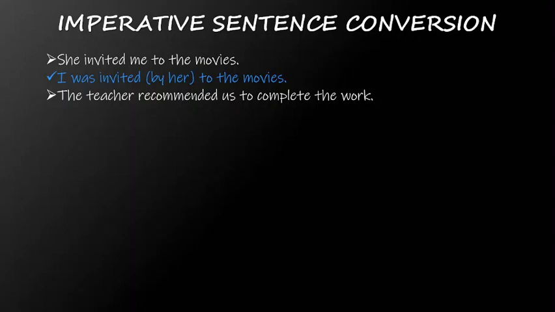Now, if we remember, the teacher, third person singular number, will not be changed because it is a noun. Nouns are not changed. But in case of pronouns, the objective form will be converted into subjective form, and since us is first person plural, so we will make it we. We were recommended, because we is plural, so we need plural be verb in the past tense. Were.